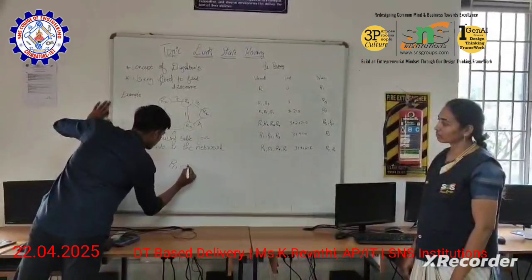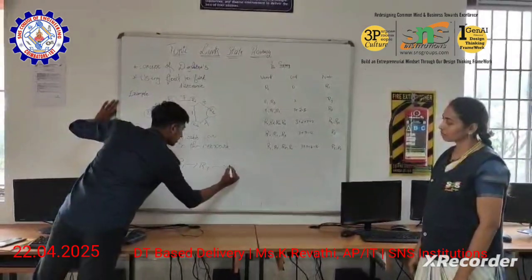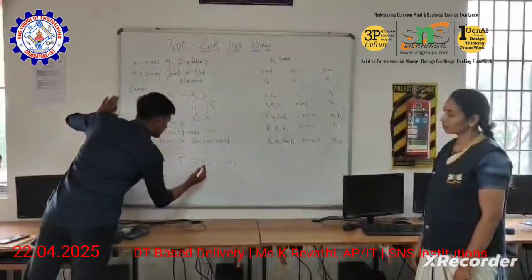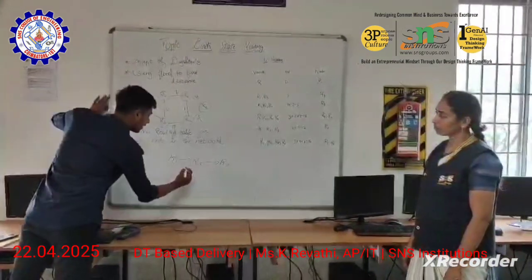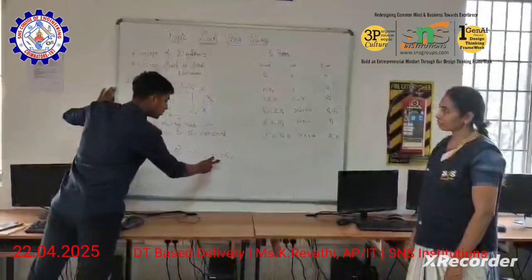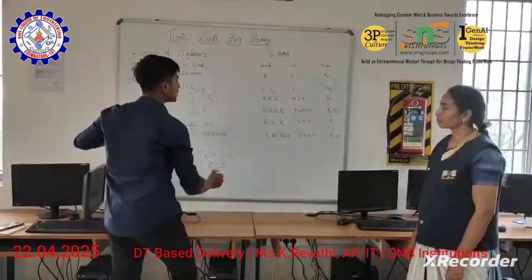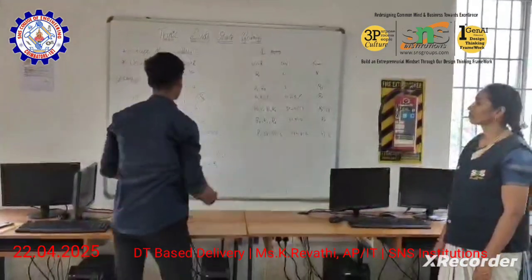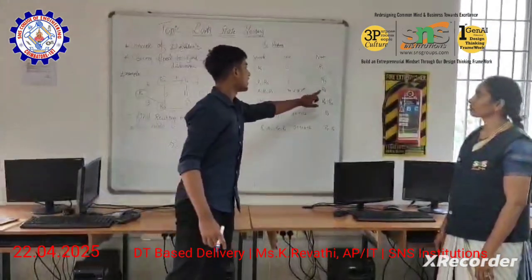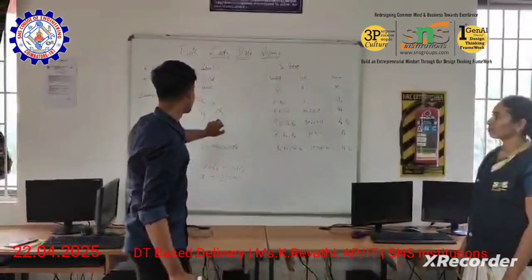The distance between R1 and R3 is 3. Then the distance between R3 and R2 is 2. So 3 plus 2 is equal to 5. So we are taking 5. And the next node is R3 because it acts as an intermediate between R1 and R2.